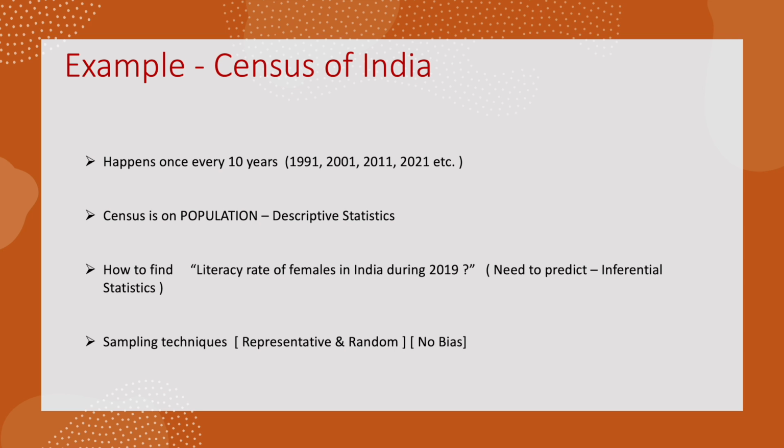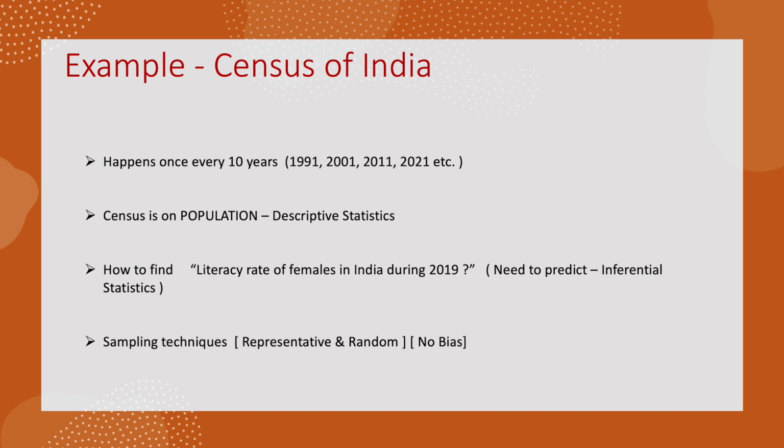But let me ask you this. If the census was done in 2011 and somebody asks you, hey, can you tell me the literacy rate of females in India in 2019? Now, in 2019, no such survey or census has been done. How will you predict? Now, here you have to do predictions.